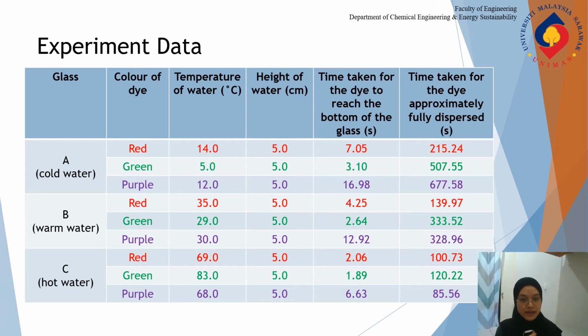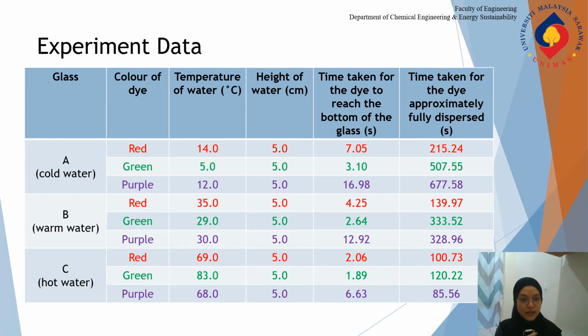So the time taken for the first drop to reach the bottom of the glass for cold water takes 16.98 seconds, and for glass B it reduced to 12.92 seconds, and for hot water it reduced to 6.63 seconds.